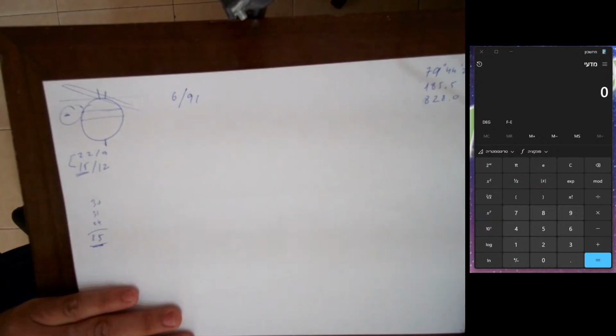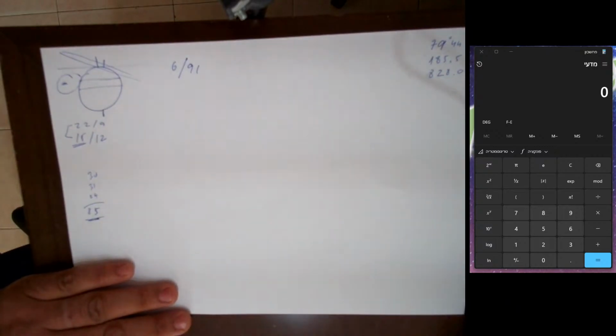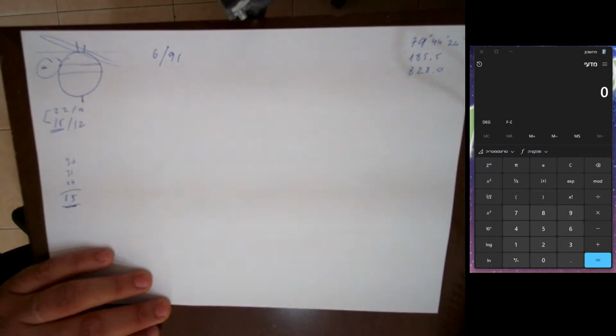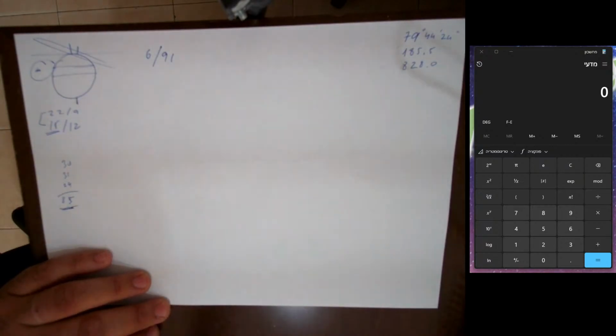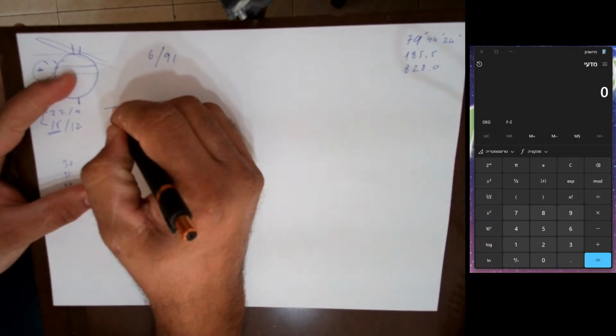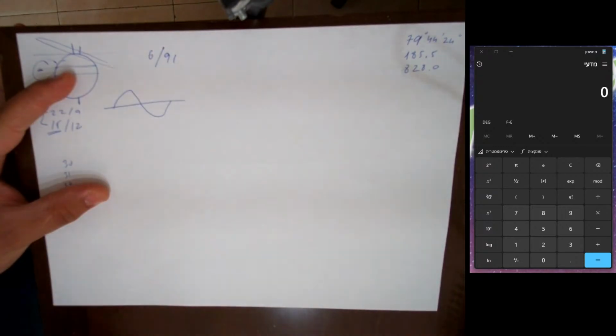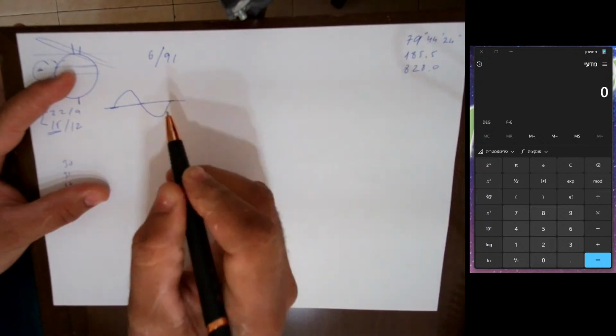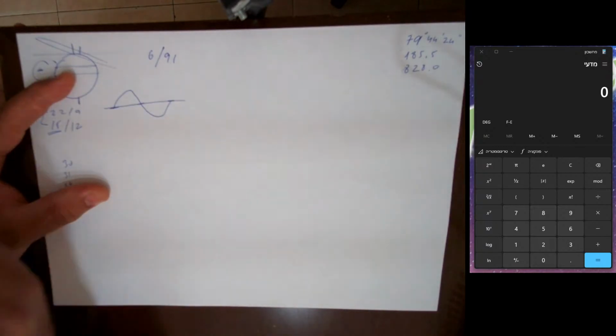So now we must calculate the location of the sun in its yearly path of the sky. So we know, let's do like this. We know this is the equinox, this is the equinox, and this is the equinox next year.